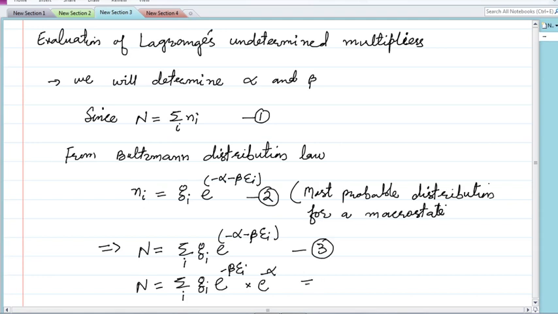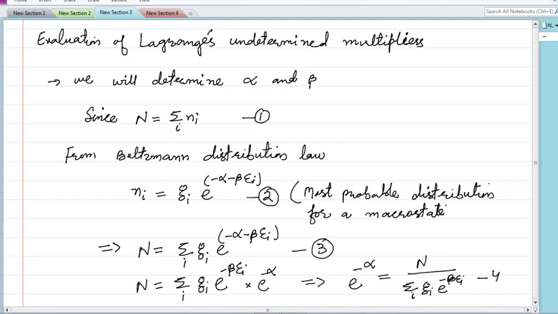So from this equation we will get that e raised power minus alpha will be simply equal to n upon summation I gi e raised power minus beta ei.